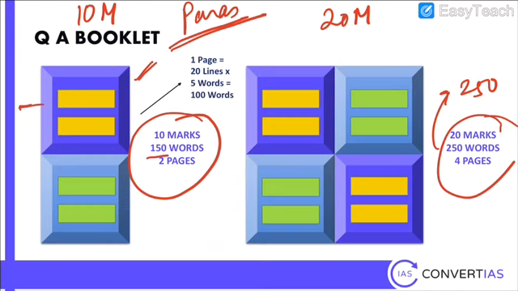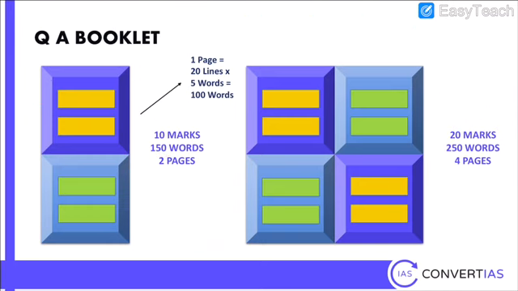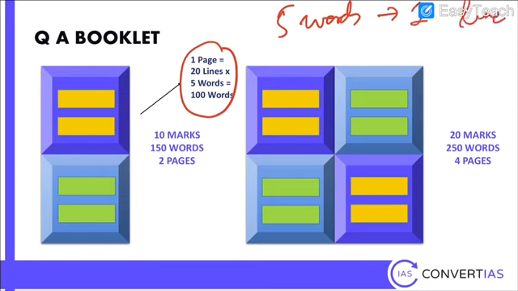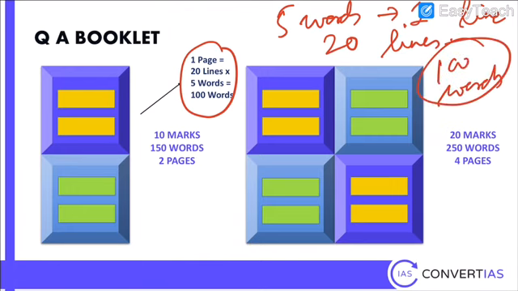One thing that you will see here is that one page usually contains 100 words. How? Because on average an aspirant writes 5 words in one line and approximately 20 lines in one page.